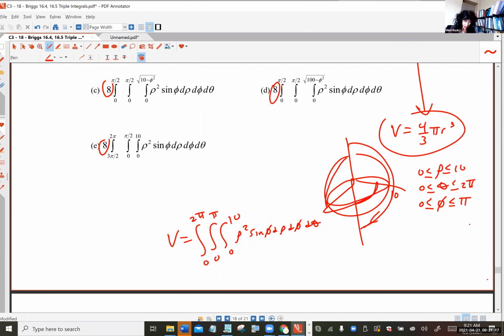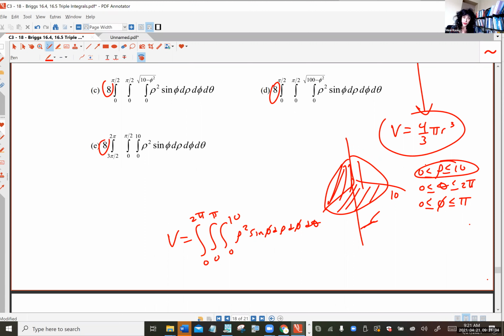And if we only talk about an 1/8 of the sphere, let's talk about the first octant region only. So if we were looking at the first octant region only of the sphere, that'd be the 1/8 of a sphere that's coming out of my paper, where x, y, and z are all positive. We'd still have rho go from 0 to 10. That's not changing.